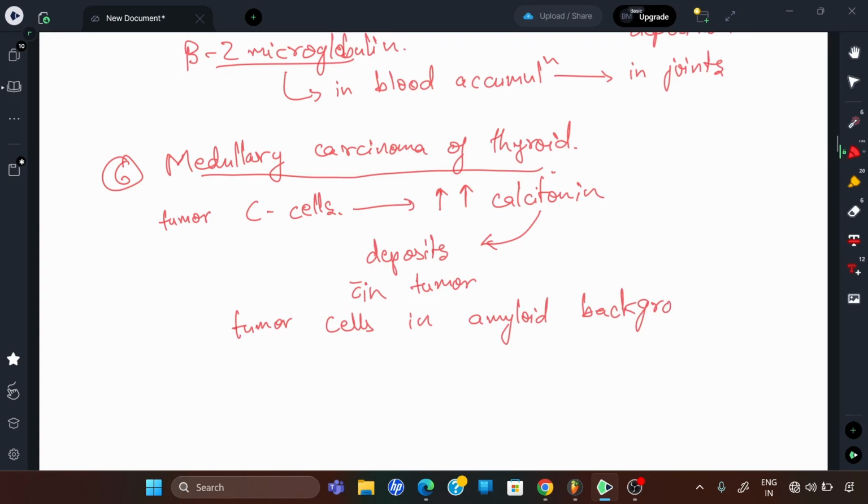When you will be seeing the slide of thyroid, there you will be seeing that there are tumor cells that are present in an amyloid background. And with this we conclude the discussion on localized amyloidosis, and we conclude the discussion on amyloidosis.